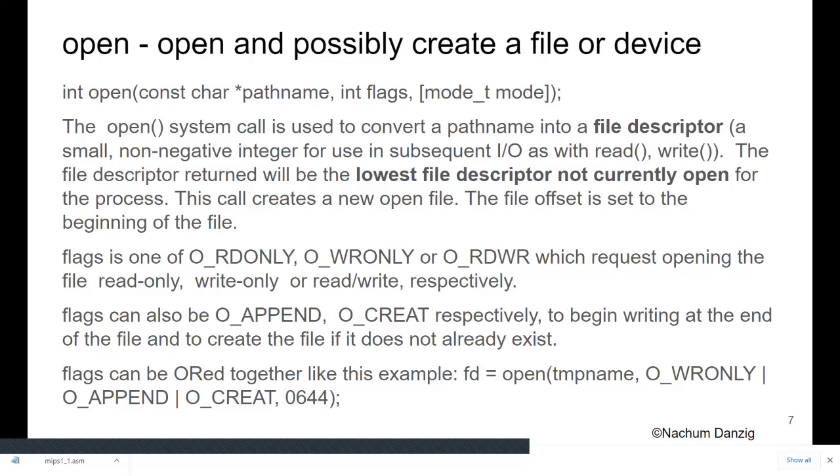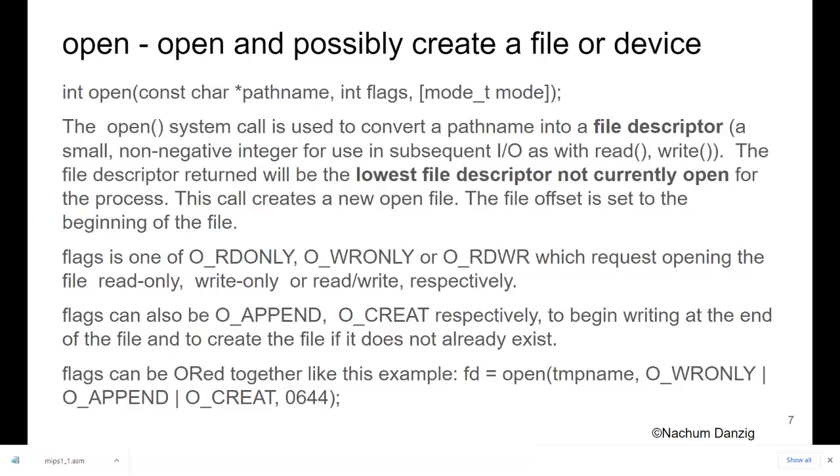What number will be returned? What number will be in this integer? It'll be the smallest number possible. It'll have to be a positive number, a whole number, but the smallest one that is available. That means that if a bunch of file descriptors have already been used, I'm going to get the next number in line. If I opened up 10 files, my file descriptor might be something like 13 or 14, 12.